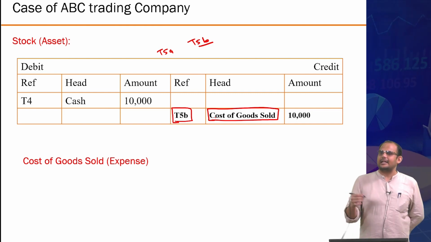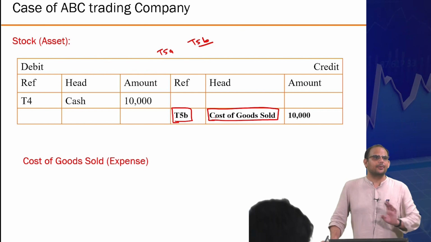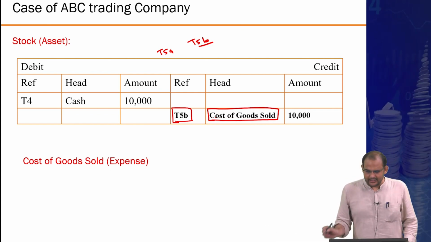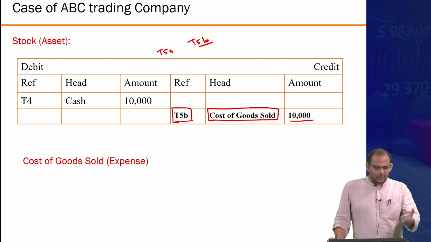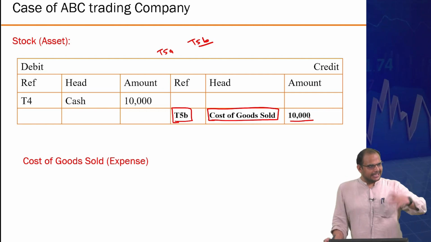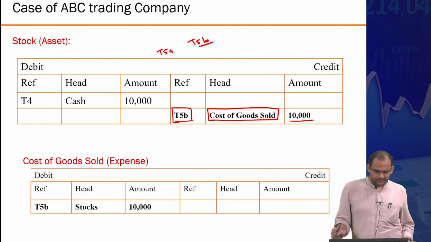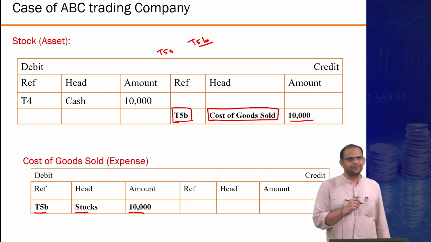Again, this is a standard way to report COGS numbers. Every company will report COGS, right? That's the cost of goods sold, which is coming out to be 10,000 rupees. Cost of goods sold is essentially an expense. An increase in expense goes on the debit side. So this entry is on the debit side.